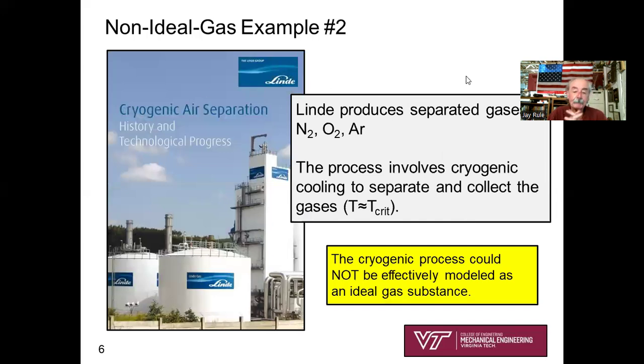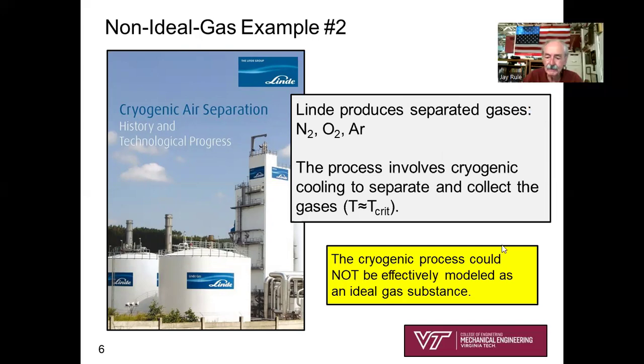Okay, here's example number 2, and this has to do with a company called Linde Air Products. They produce separated gases to sell industrially. Well, there's nitrogen, just like I talked about, selling to PepsiCo and Coca-Cola. Oxygen is used for people surviving, so medical applications.